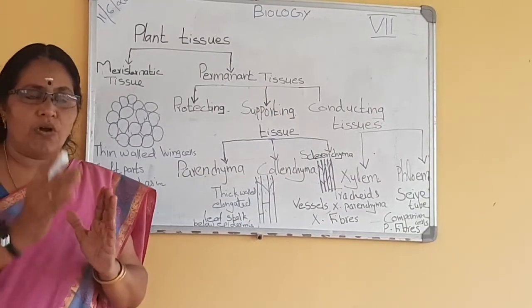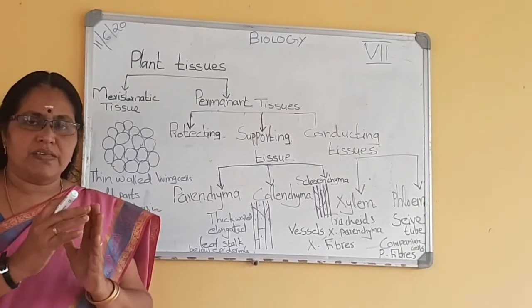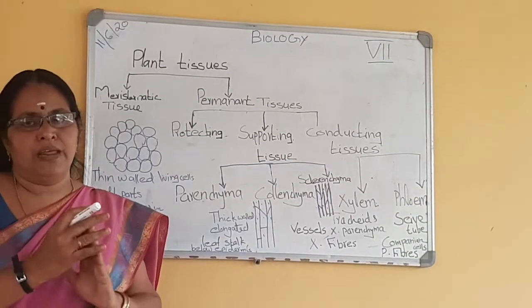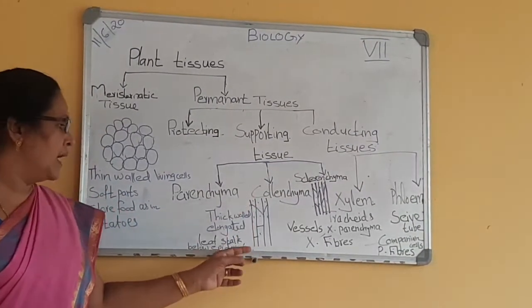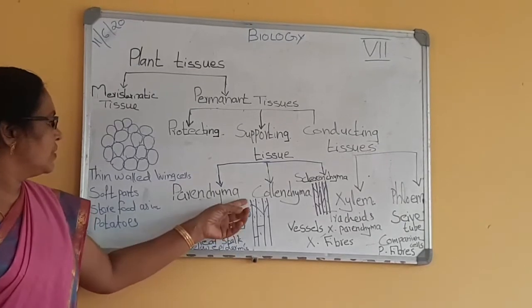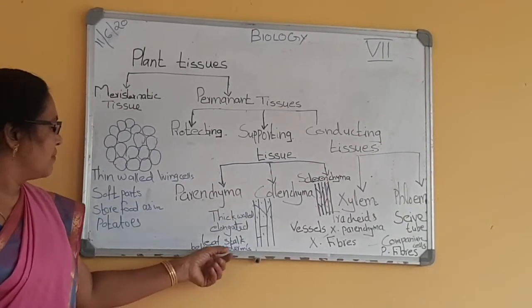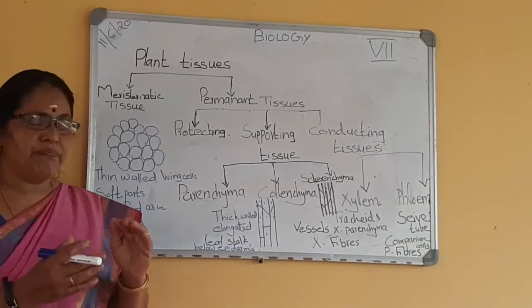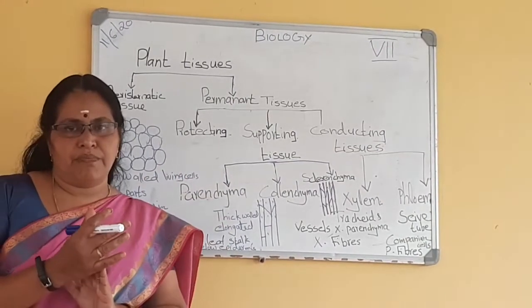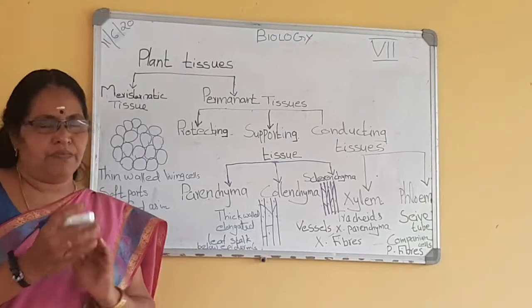You know, the leaf stalk supports the lamina of the leaf. So its function is to support. They are found in the leaf stalk and the parts just below the epidermis.